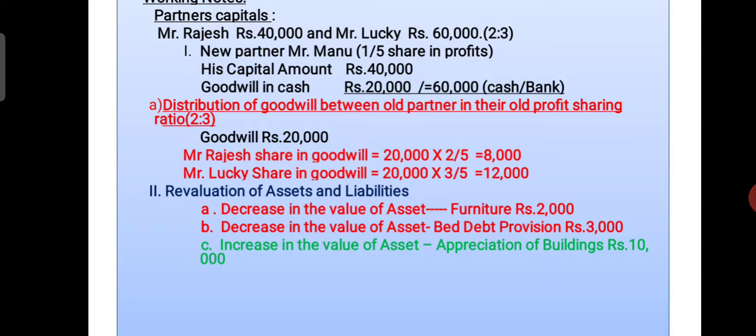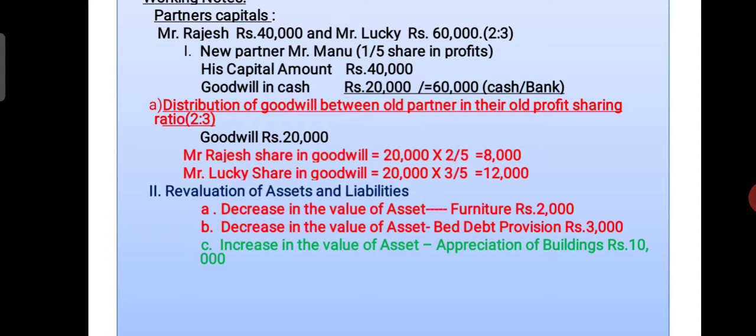This information we have to show in the revaluation account, and we have to find the profit of the revaluation account, which can be distributed between old partners according to their old profit sharing ratio. See here, very simple, the increased value is 10,000 rupees. From that you deduct the decreased values of assets, that is 5,000, then we will get 5,000.